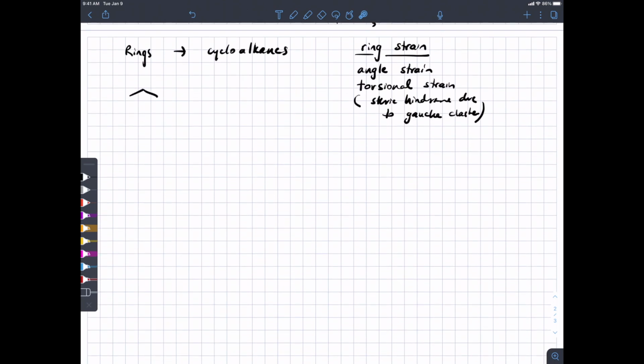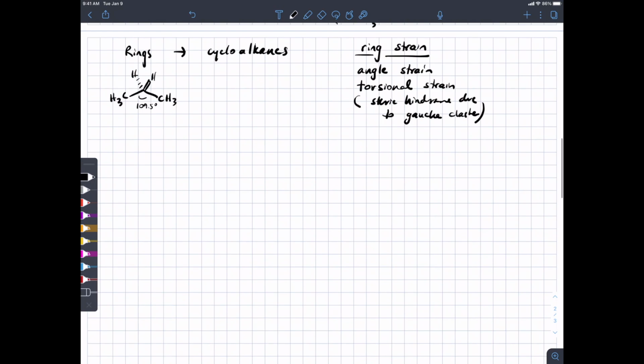Doesn't matter. So when you take something like propane in which all the bonds are free to rotate, and in which the bond angles can very easily be at their idealized 109.5 values, and then you constrain it to be in a triangle by connecting carbons 1 and 3, suddenly geometry becomes an issue.